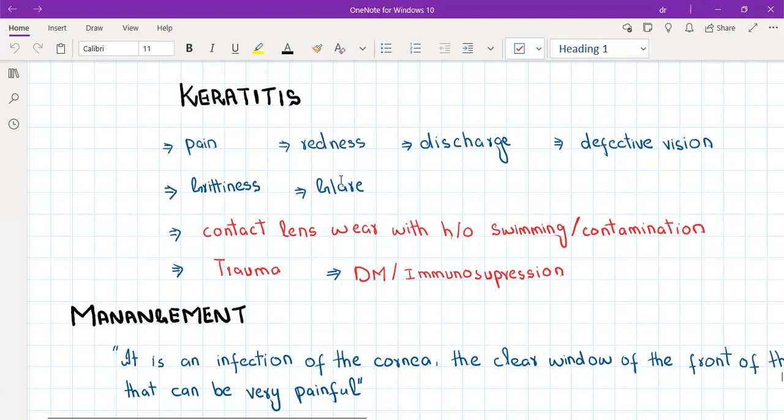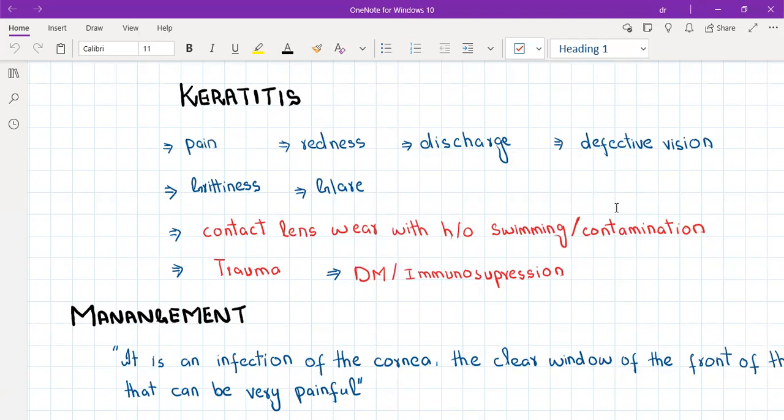In patients with keratitis, they complain of something called grittiness, which is the sensation of foreign body, and glare. Okay, so glare is there in acute uveitis, and it's there in keratitis, and it's basically the feeling of increased photosensitivity. In keratitis there will be a history of contact lens wear, with history of swimming or contamination. All right, so the patient might be wearing contact lenses, and they might not be taking good care of them.